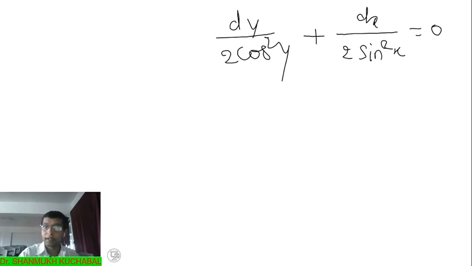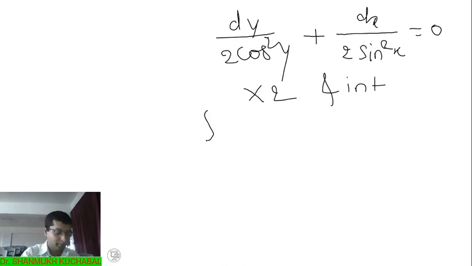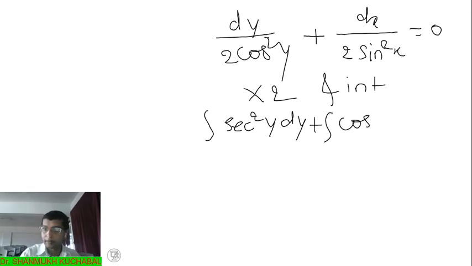Now the entire equation we multiply by 2 to cancel that 2, and integrating we get 1 upon cos square y, that is sec square y dy, plus 1 upon sin square x, that is cosec square x dx, equal to 0.